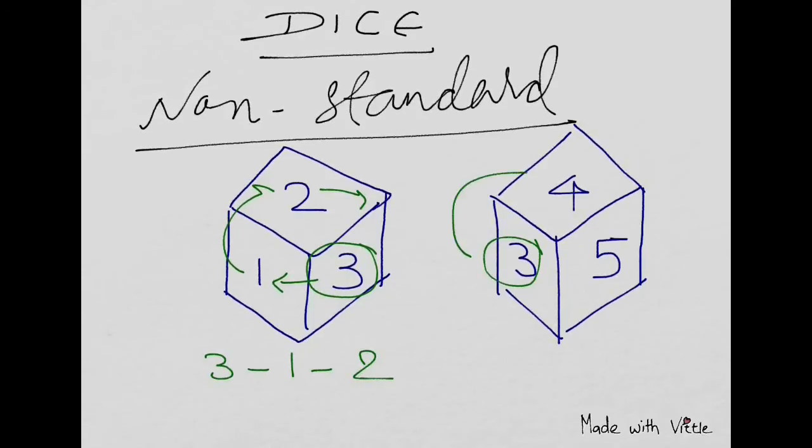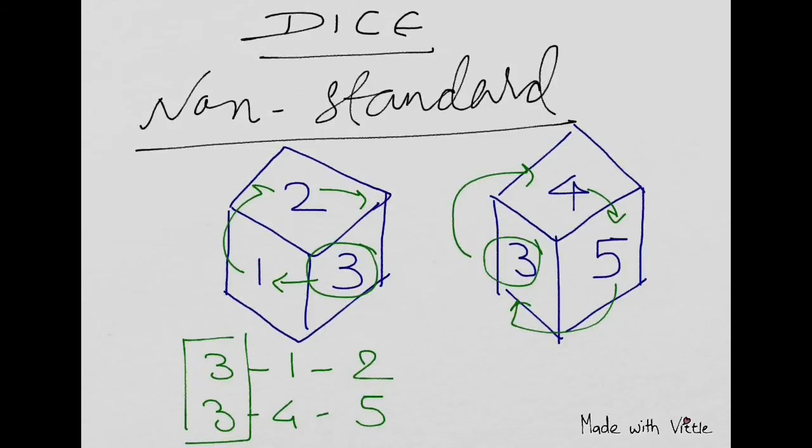Similarly from here, start in the clockwise direction: 3, 4, 5. As you already know, 3 was the common one, so the missing one will be at the back of 3, that is 6, as discussed in the last case. But according to this rule, 1 and 4 will be at the back of each other and 2 and 5 will be at the back of each other. That's so simple, right?